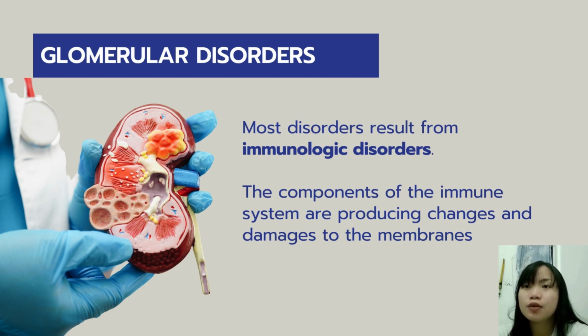And pwede din yung cellular infiltration or proliferation. So, dito meron tayong thickening of the glomerular basement membrane. Nagpo-produce ng damage or changes sa glomerular membrane yung mga immune complexes.